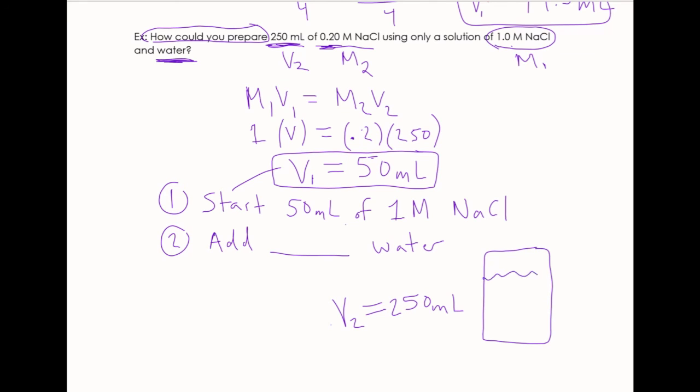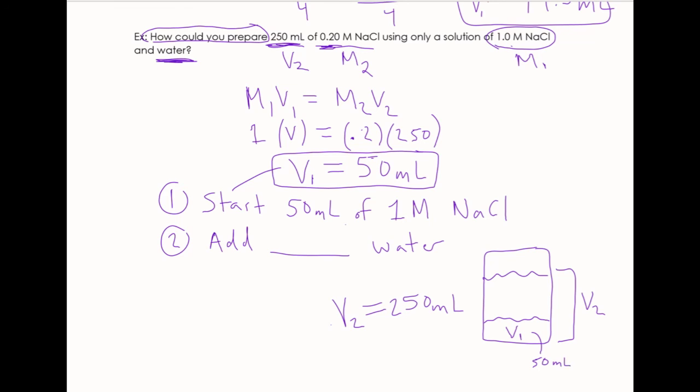Okay, so I think the easiest way to think about this is to draw a picture. So the whole volume of what we're going to end with is 250. Okay, and we know that we are going to start with a volume 1 that is 50 milliliters. So that's going to be this bottom part here. That's 50 milliliters.